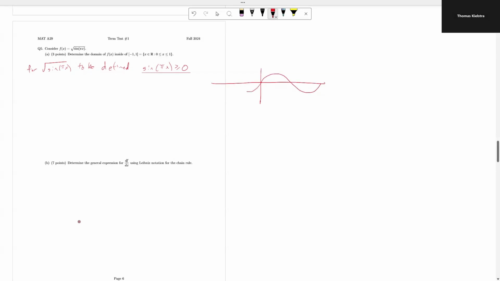And I remember the sine chart using the graph, 0, pi, 2 pi, minus 2 pi. And now I have a multiplication inside the function.